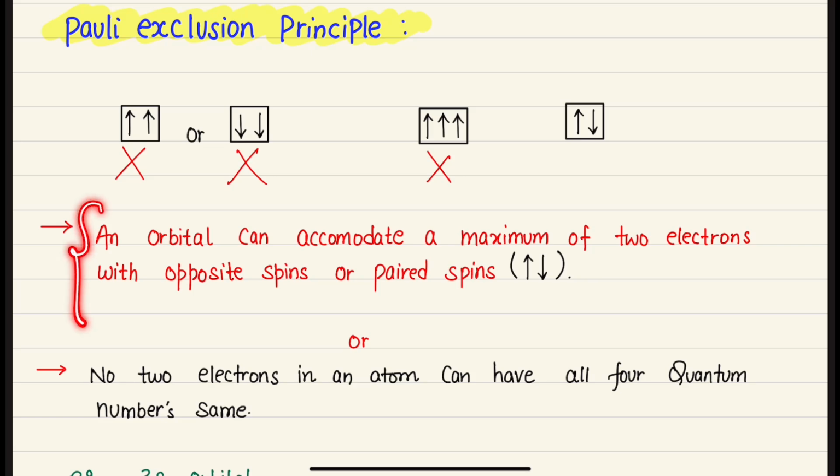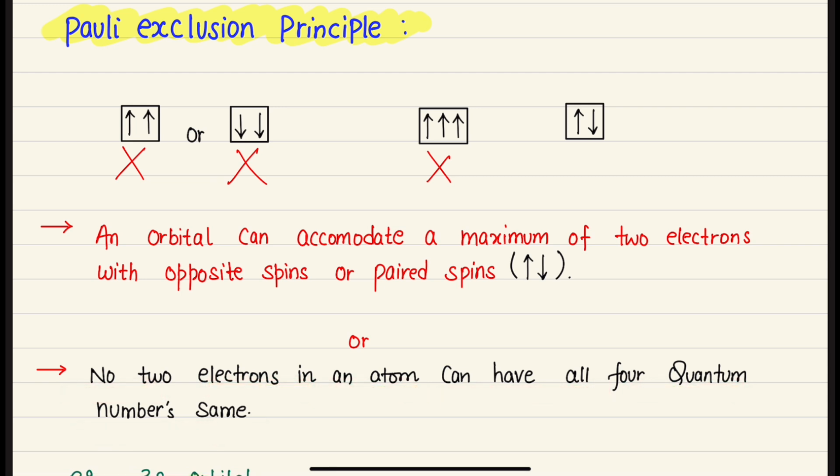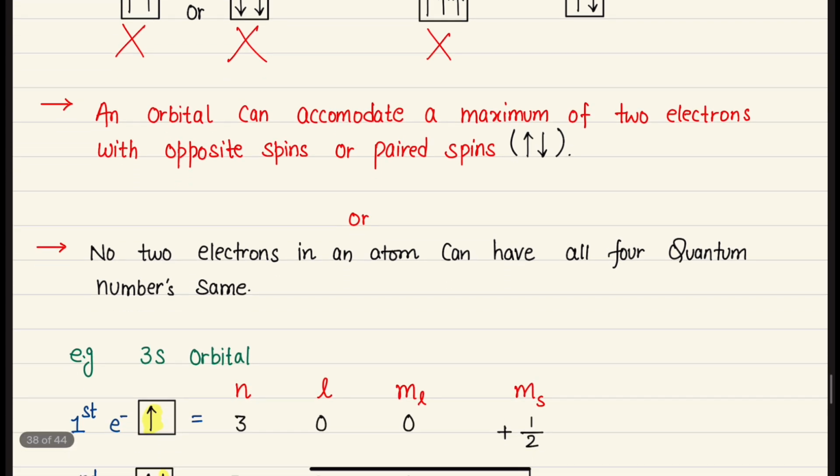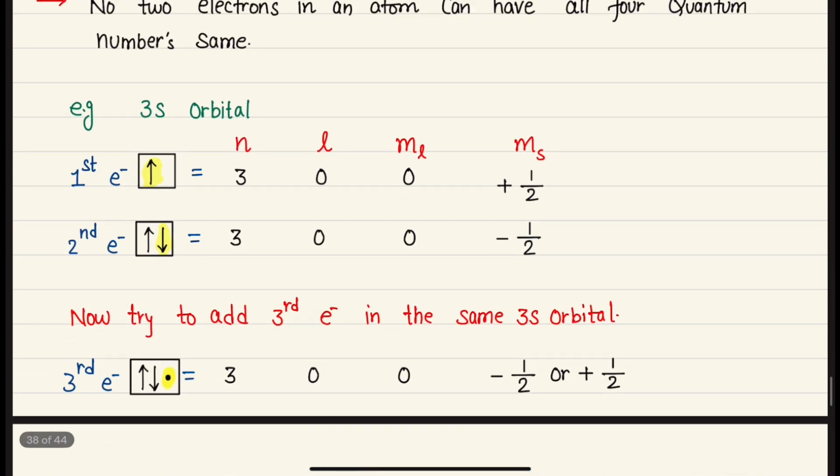So we can say this statement in other words: no two electrons in an atom can have all four quantum numbers the same. So what does this mean? Let's take an example. Suppose we have a 3s orbital, right? We know that in one atomic orbital we can fill a maximum of 2 electrons according to the Pauli principle.